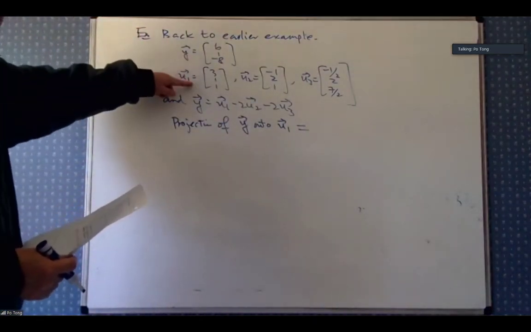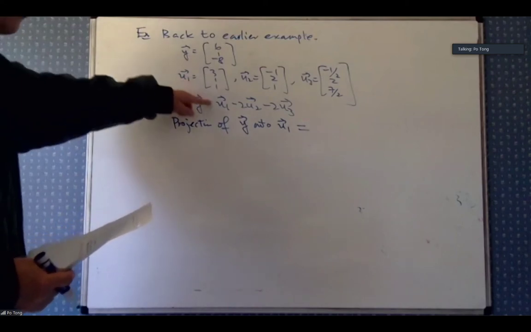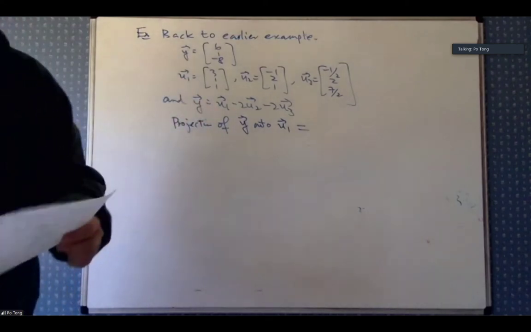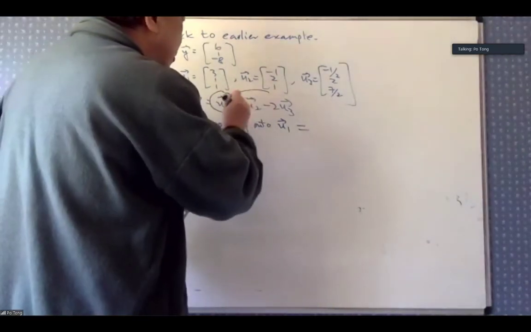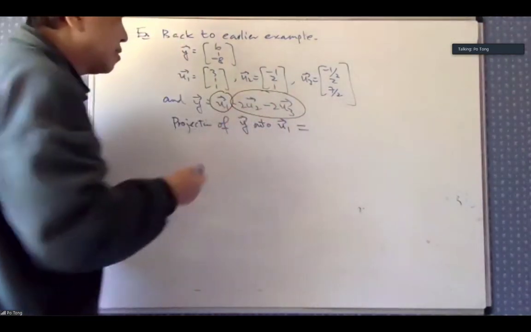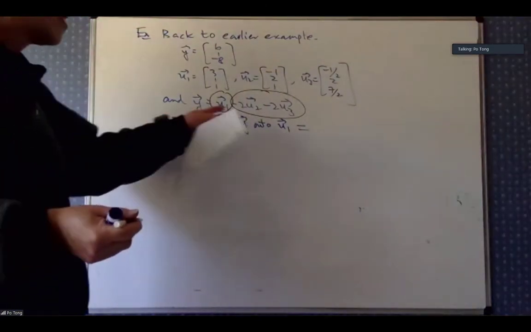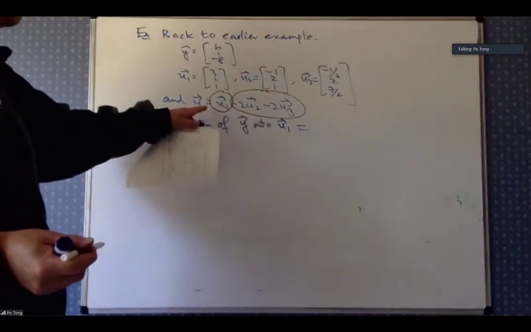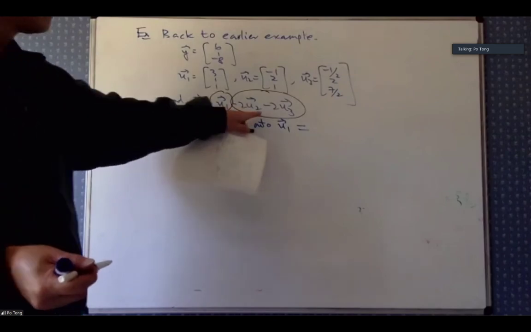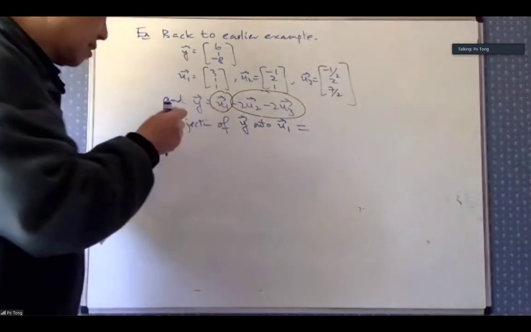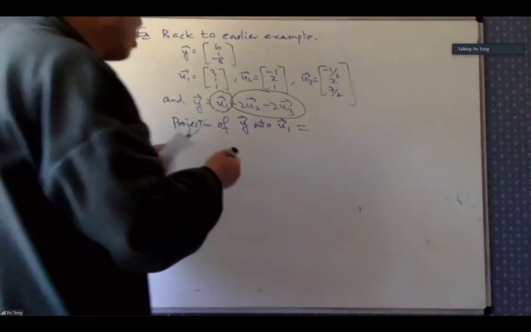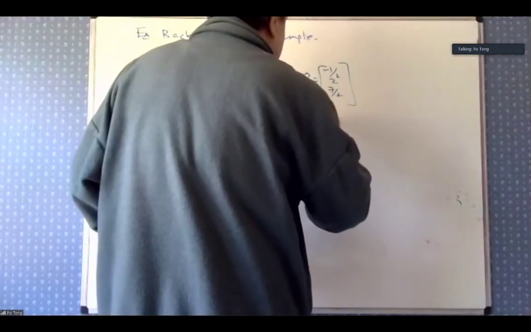The projection of y onto u1 is actually just picking this component, because these other two are perpendicular. It's the leftover. You remember that z thing that we talked about? y equals the projection plus z, where z is the leftover vector, perpendicular to this vector. So the projection of y onto u1, in this case, is u1.